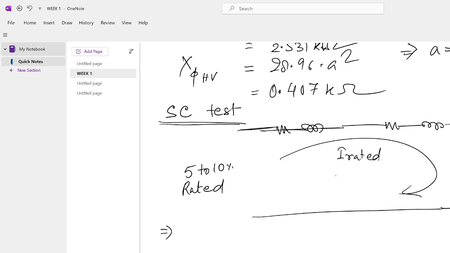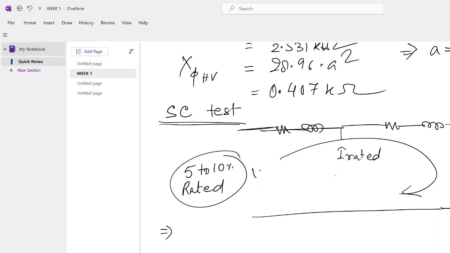Since this shunt branch, which consists of RC and XM, has losses proportional to voltage, not to current, and the voltage we provide at the input terminal is very small, we neglect that. We assume that the power loss in the short circuit test is going purely as copper loss. Yes, sir. Okay, thank you, sir.